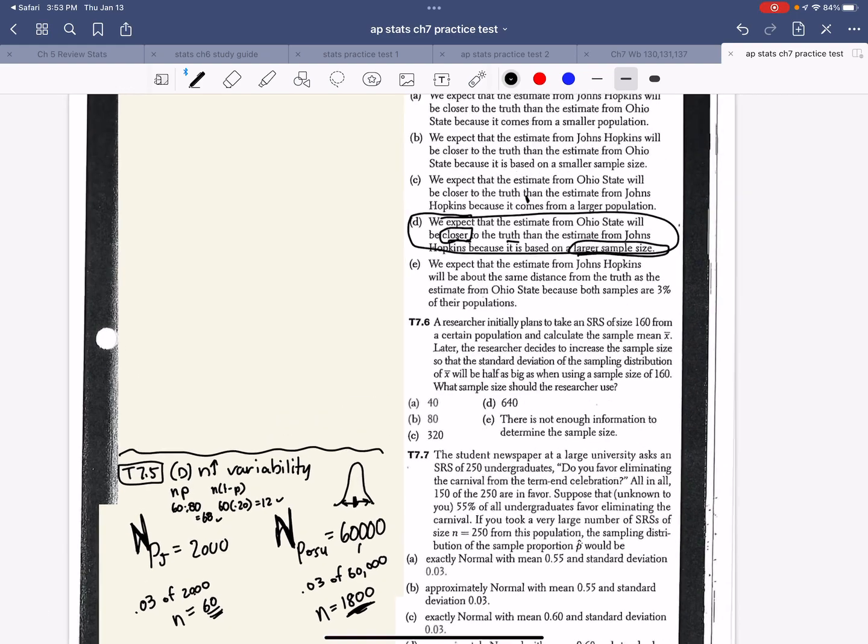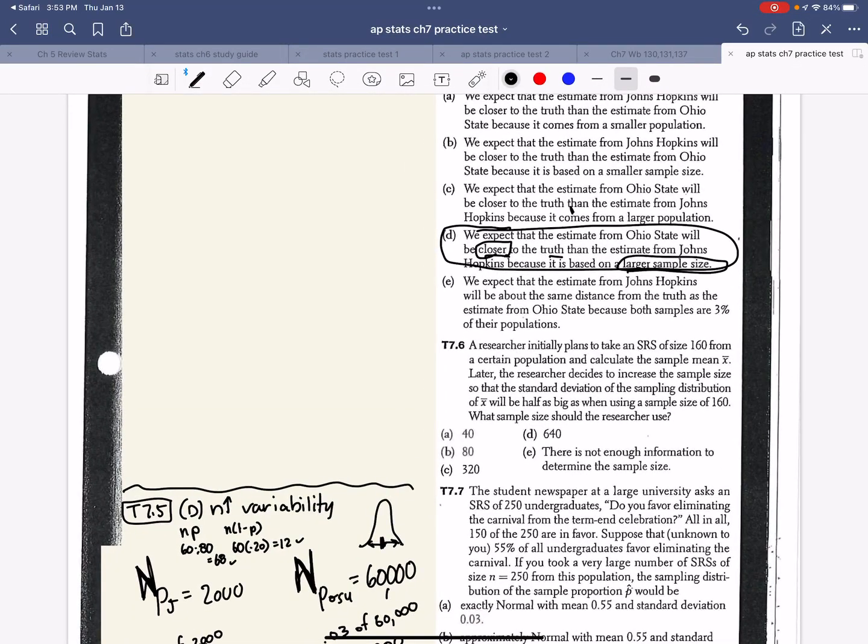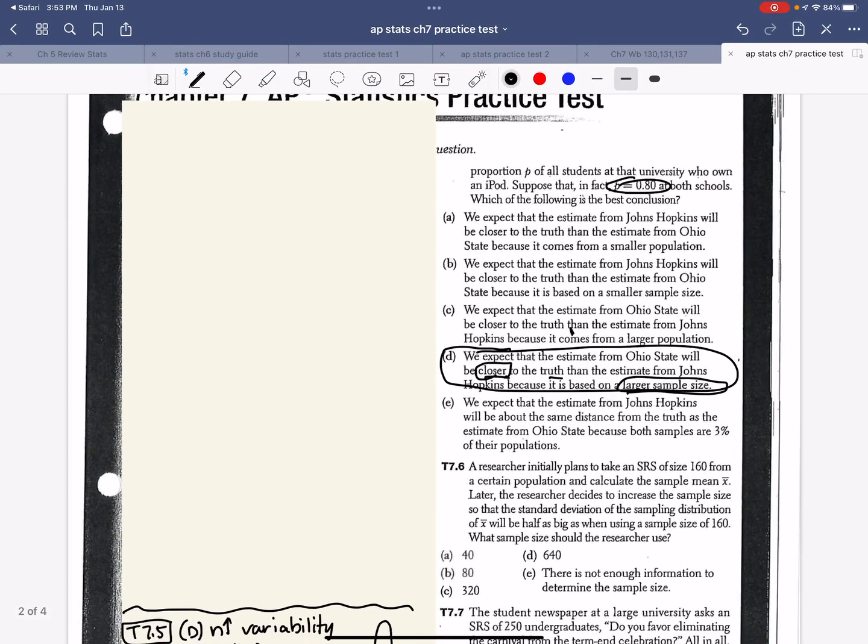All right. Question number 6. A researcher initially plans to take an SRS of size 160 from a certain population and calculate a sample mean. So this is a means question, not a proportion.